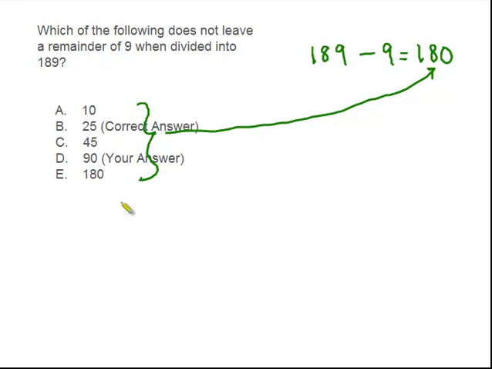So some of these we can look at right away, and we know that they'll go into the 180 evenly, right? 180 definitely goes into 180 evenly. It goes in one time. So if it helps to write it out, 180 times 1 equals 180. 90 also goes into 180 evenly 2 times.